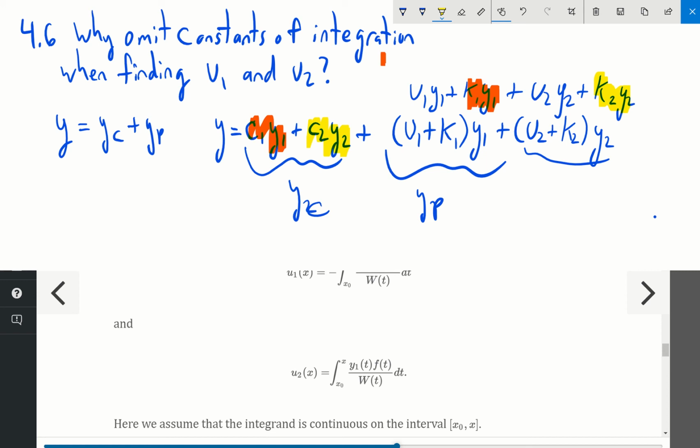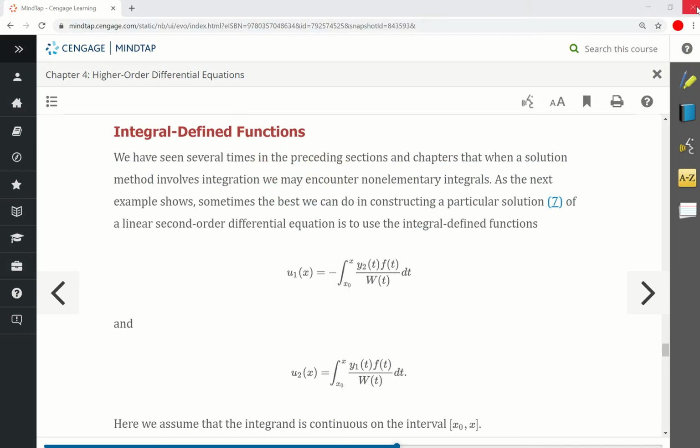We already have a constant times y2 as a part of our complementary solution. So essentially those are redundant. We don't need them, so we can leave those off. So we don't include the constants when we do the integration to find u1 and u2, because those would ultimately just factor back into our homogeneous solution yc anyway, that complementary solution.